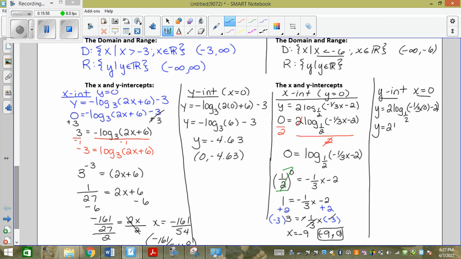So I'm going to get y equals 2 log base 1/2 of negative 2. Now you can't take the log of a negative number or 0, and in this case the negative is the issue. So there is no y-intercept.